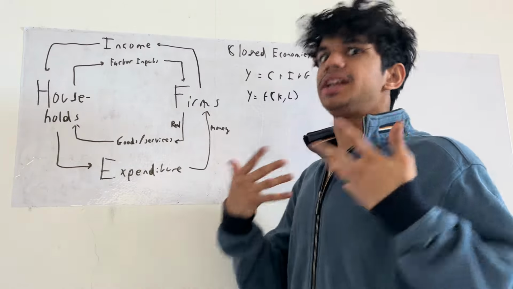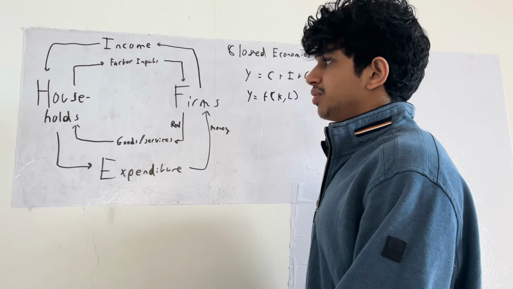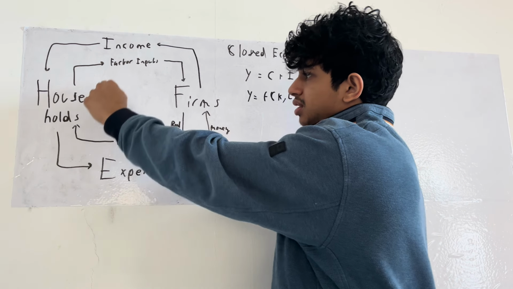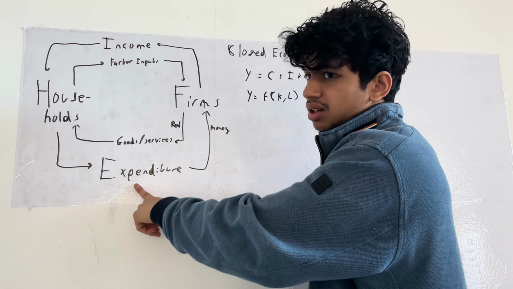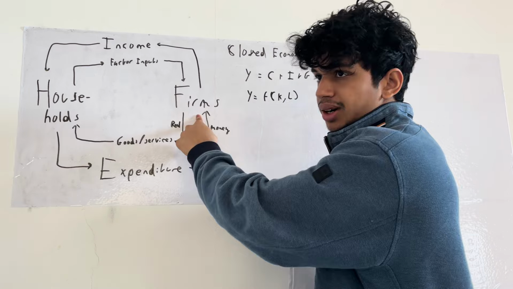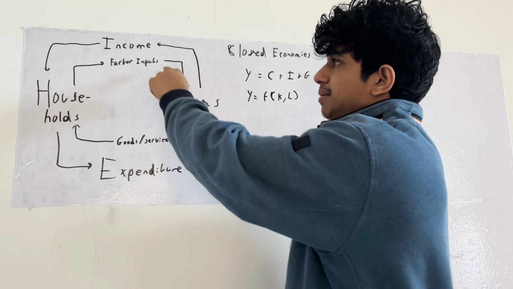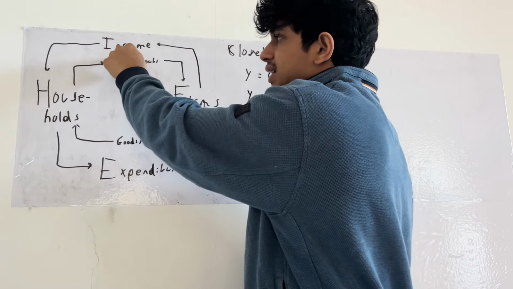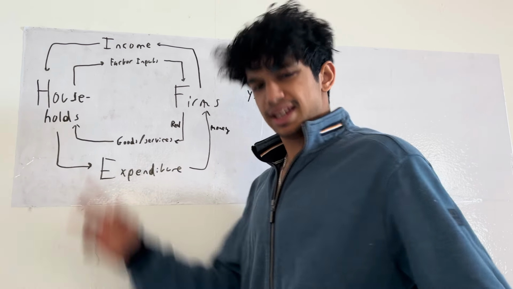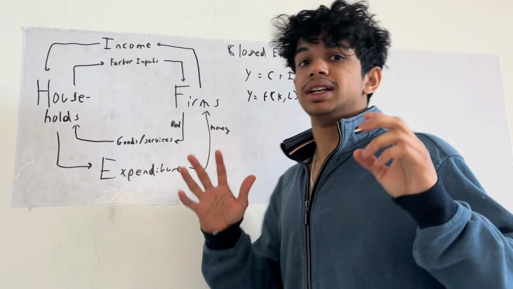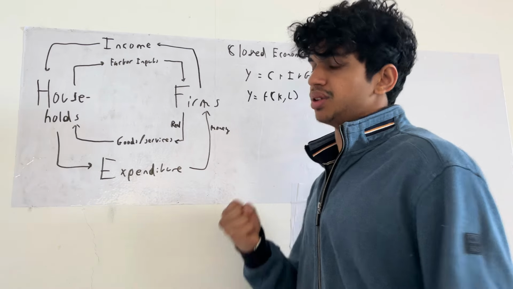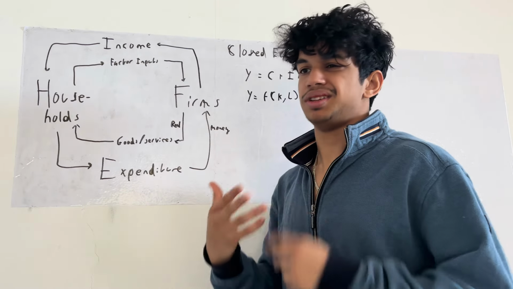Now, how does the money flow? First of all, households will spend money on those goods and services to the firm, and the firm gets the money, and that means the firm will give income back to the households. Income? What kind of income? Different factors of production get different kinds of income.